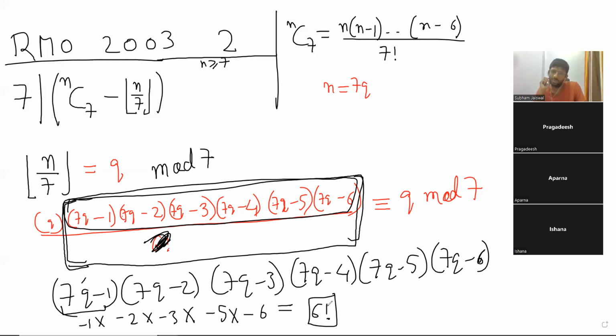Is it now almost clear what is going on? So here we have this quantity, which for simplification I'm calling x. The x here leaves the remainder 6 factorial mod 7. I can bring this 6 factorial down. Why? Let's not worry about it now.